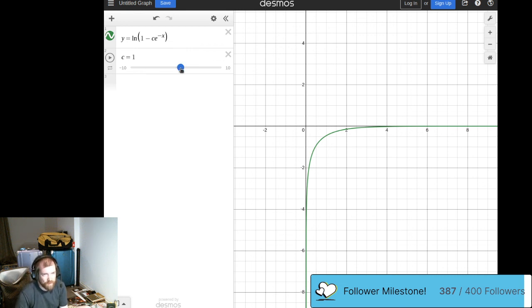Okay, as c increases, this should mean that e to the negative x has to start approaching something as x goes to 0, but c is big, then it should take shorter time to get to negative infinity.